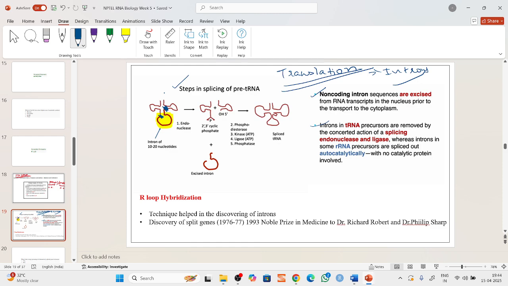But when we are talking about rRNA, you do not need any kind of catalytic protein from outside. It can splice out autocatalytically by itself. Is it clear? Just read this point again.